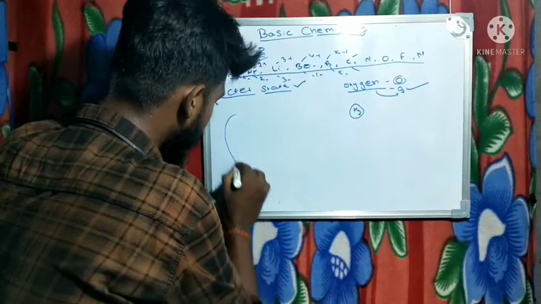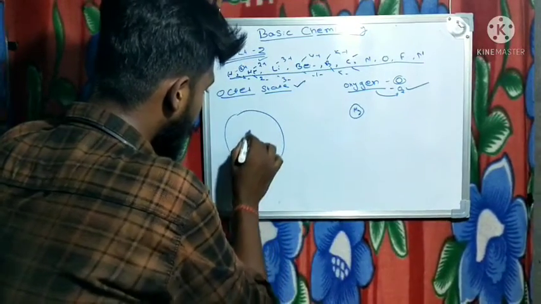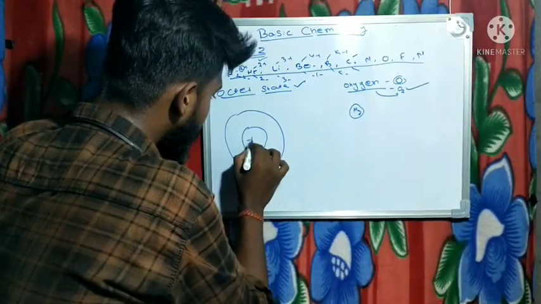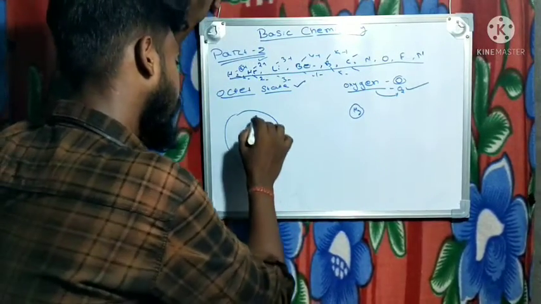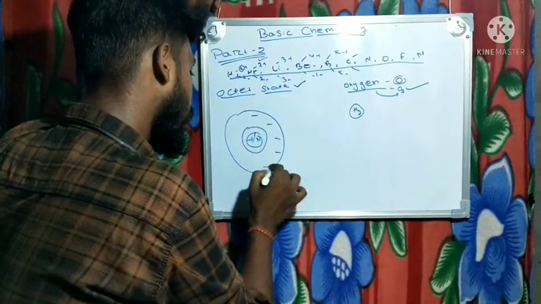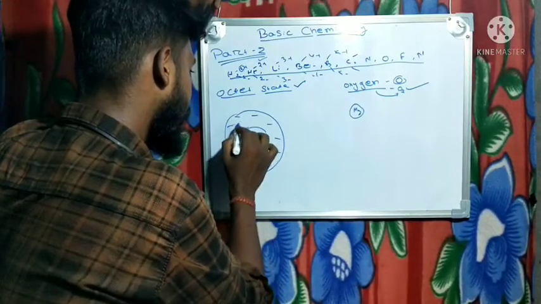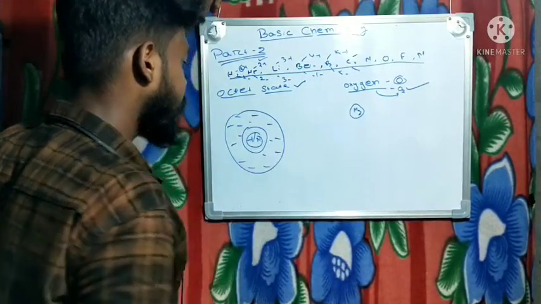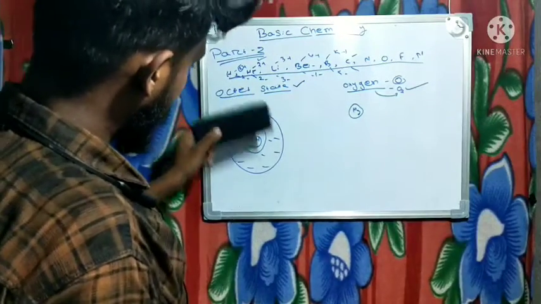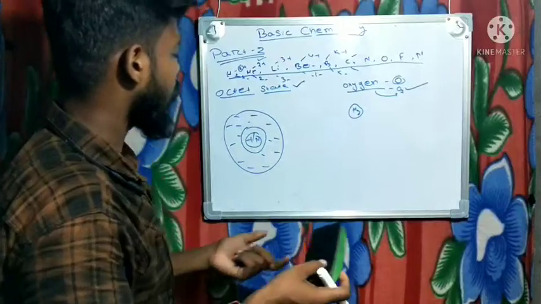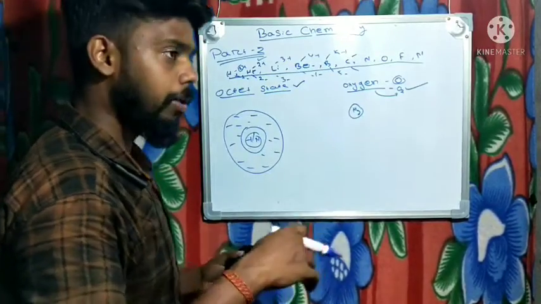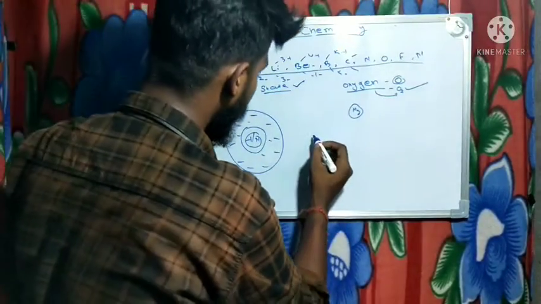That means if this is an atom, the protons and neutrons are here. The electrons revolve around them. Clear? They are not revolving scattered; they revolve in a proper manner.